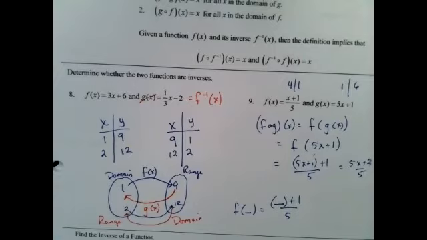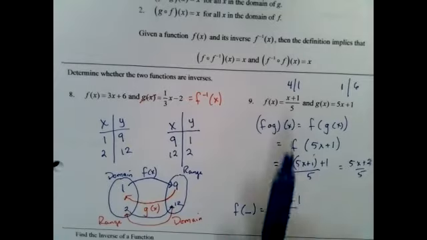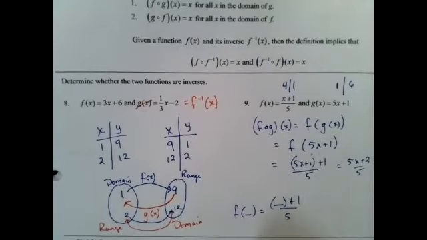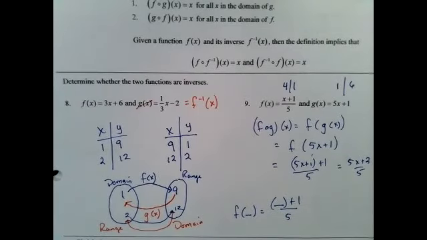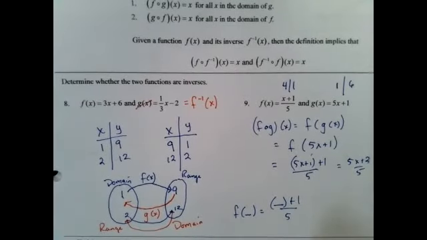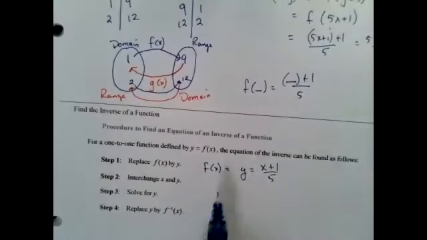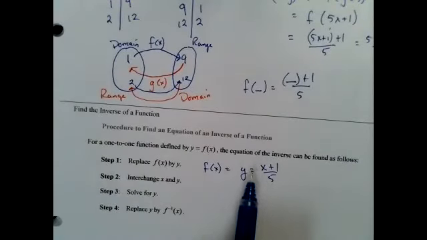All right, so what if I said, okay, well, this f of x, which I'm going to call y, I'm going to replace with y equals x plus 1 over 5. And I wonder what the actual inverse is here.